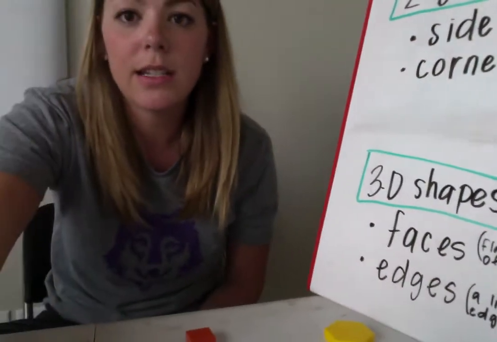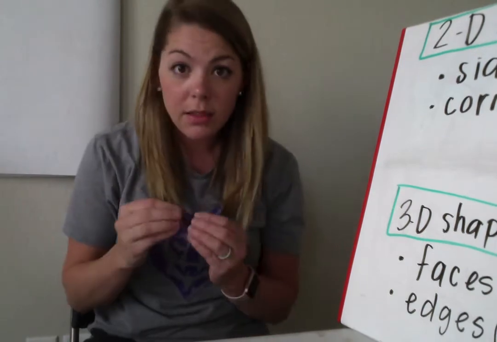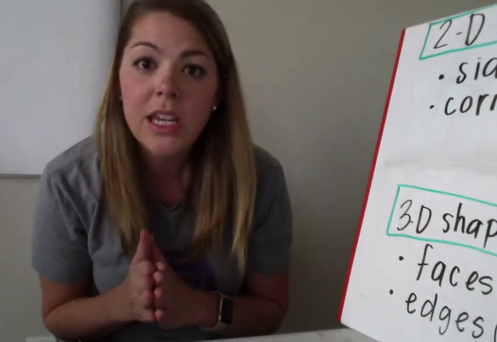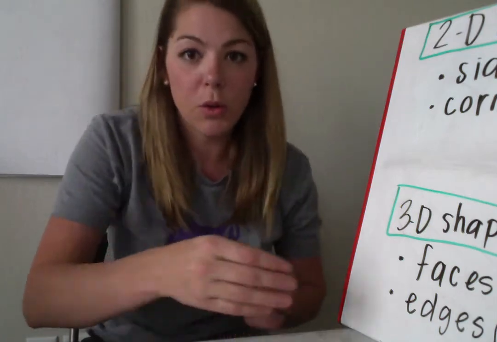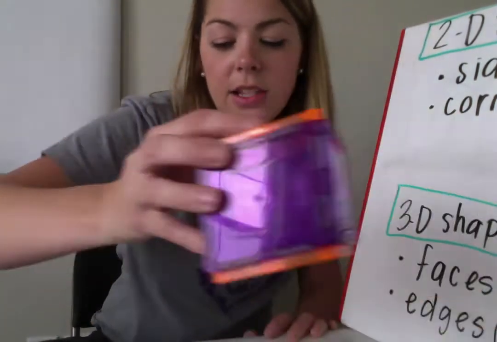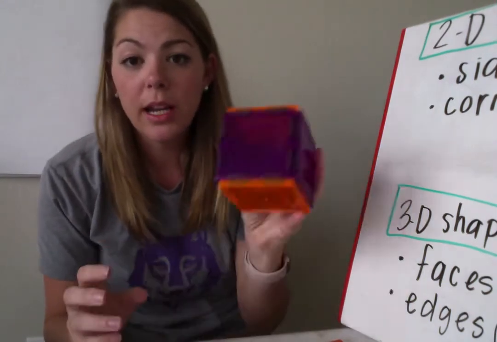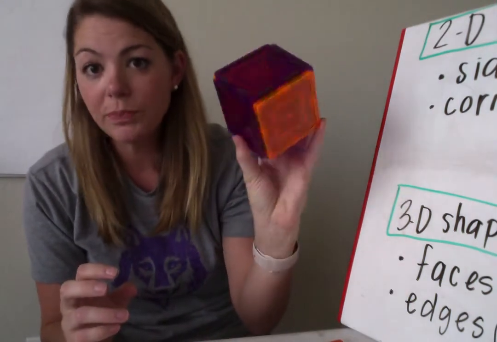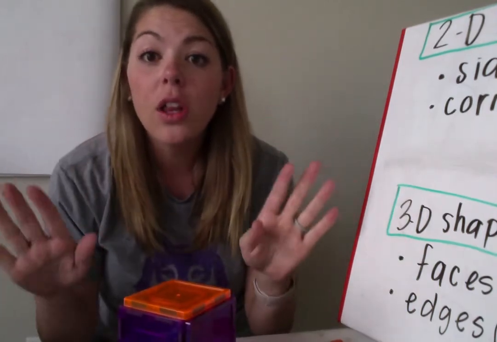So let's take a look at some 3D shapes that I found here in my house. And then I have the magnet blocks, the magnetiles here with me, and so I've created some 3-dimensional shapes. And what's really cool about creating 3-dimensional shapes is you can see how those shapes are created. So for example, what I created here, does anybody know what this is called? This is a cube. And a cube is created of all squares.